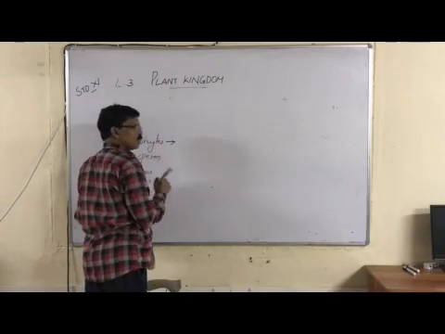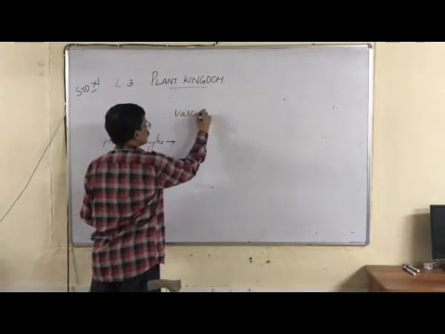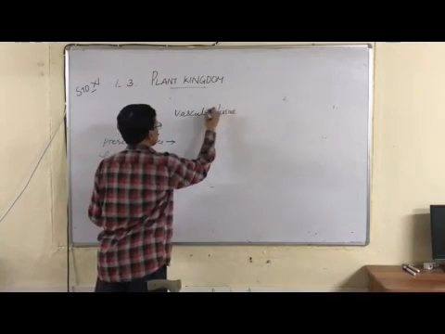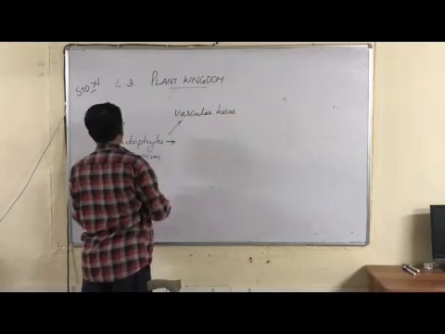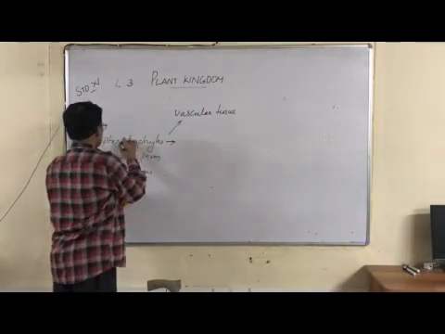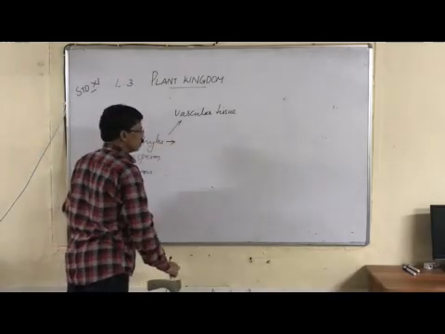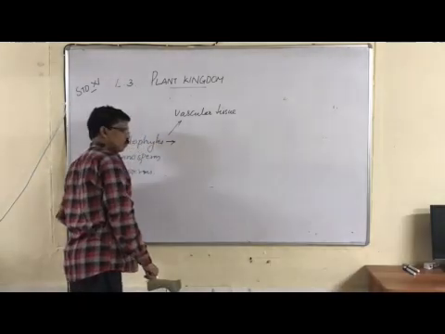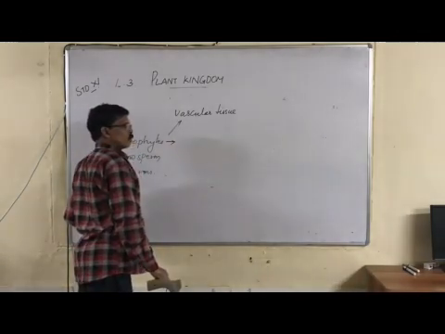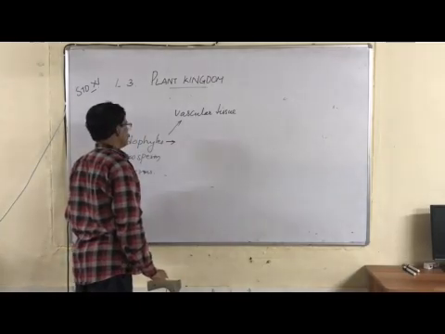Because they are the first land plants with vascular tissues, xylem and phloem. Because of that, they are called advanced cryptogams or advanced land plants.